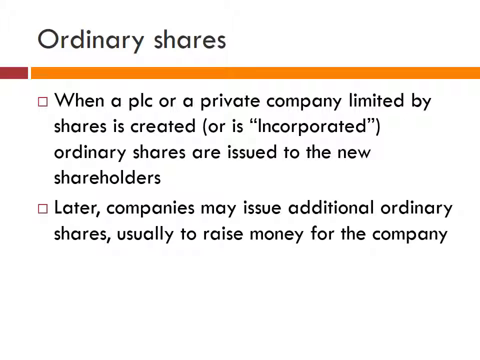So ordinary shares fulfill two valuable purposes. First of all, they raise money for the business, and secondly, they give the owners of the business their share in the profits of the business.